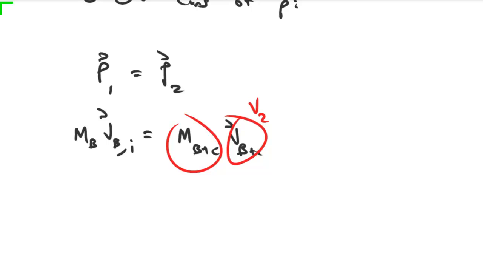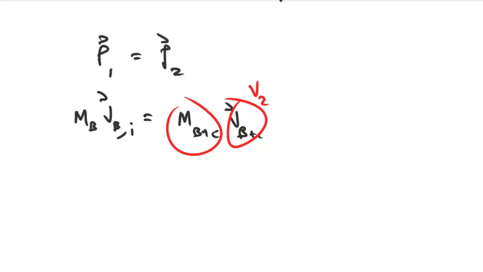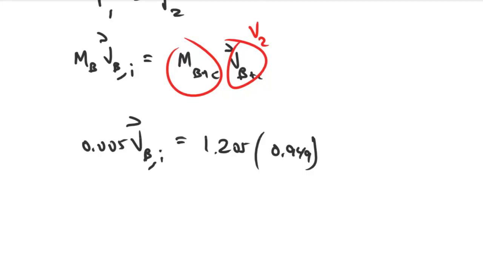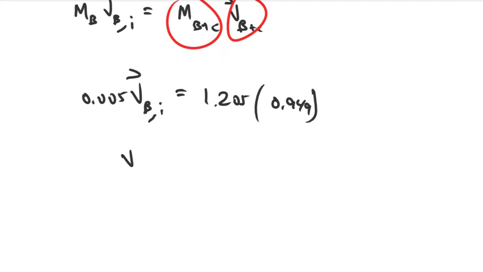And this we know because we know both of their individual masses, right? And so we end up here with, I'll write it all out like this, 0.005 times VB initial is equal to 1.205 times 0.949, and we can solve for the initial velocity of the bullet.